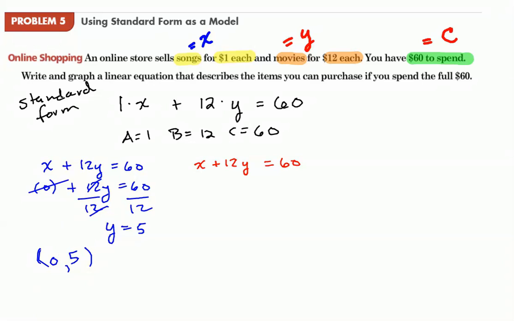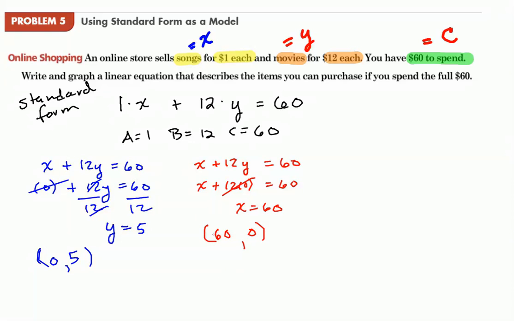Now for the equation here in red, we're going to make y 0 and solve for x. So we'll make this x plus 12 times 0 equal to 60. That's going to cancel, so x is going to equal 60. Therefore, our point would be when x is 60, y would be 0.